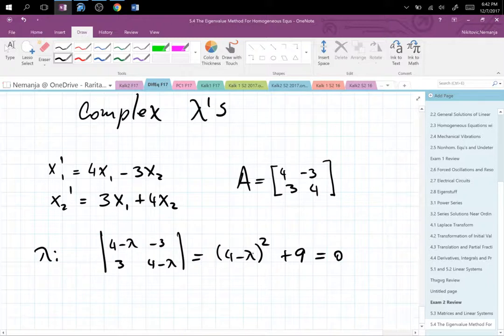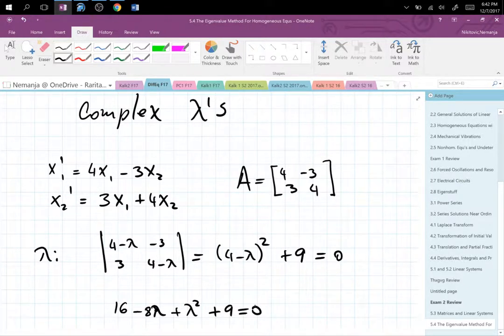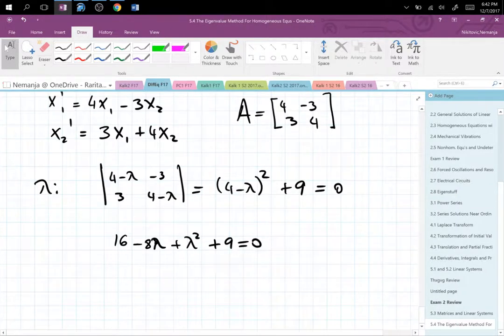When you square this, you get 16 minus 8 lambda plus lambda squared plus 9 equal to 0, so you get lambda squared minus 8 lambda plus 25 is equal to 0.